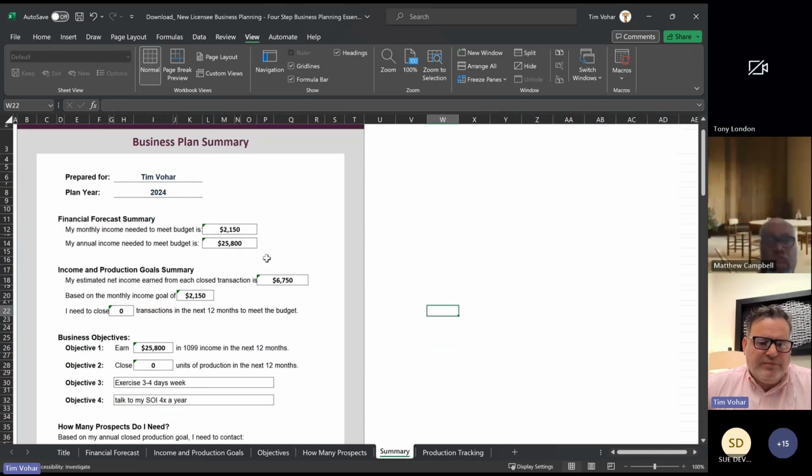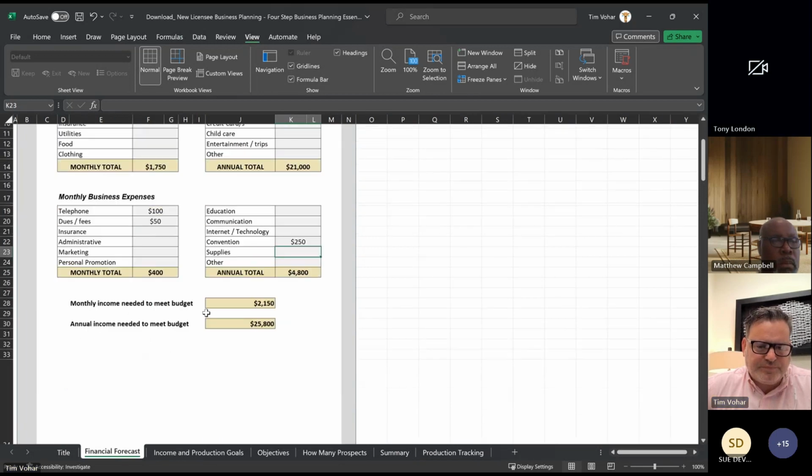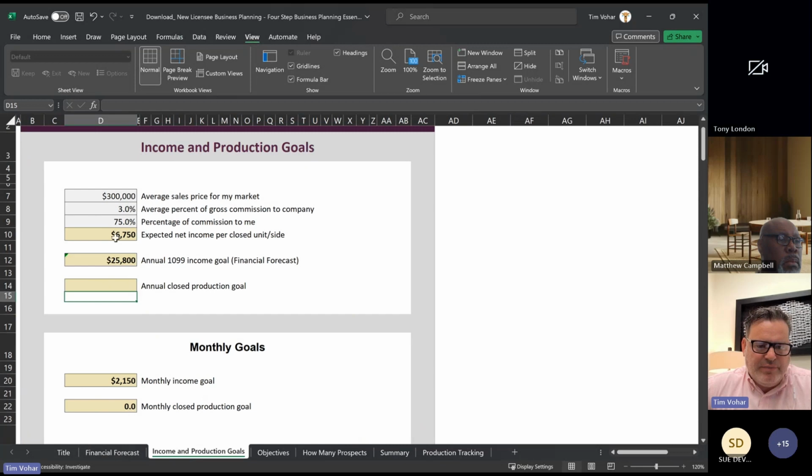All right, your summary over here. My monthly income needed to meet my budget, 21,000. My annual income, 25,800. Estimated from each. So you need X amount of transactions. But because this is all tied to this financial forecast here, it's going to be important that you put all your numbers in, because this goal here in the financial forecast is going to come down here into those income and production goals.